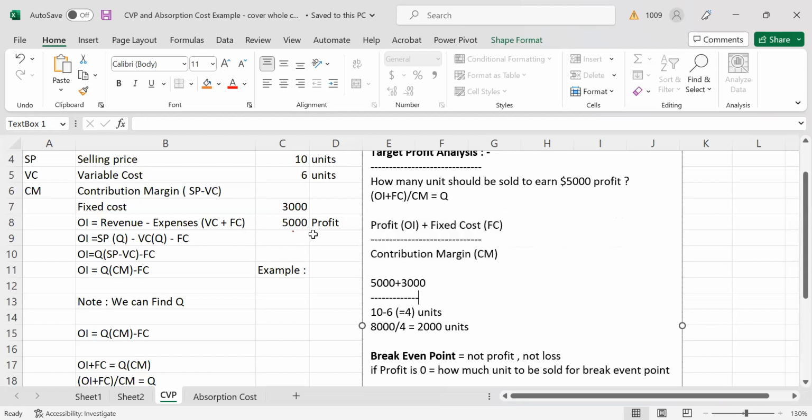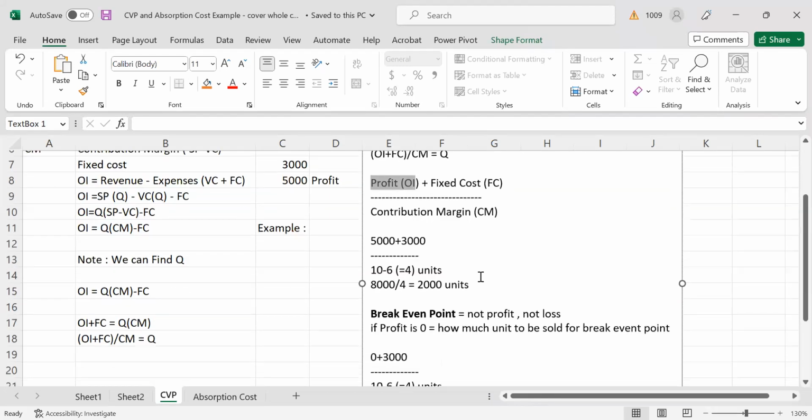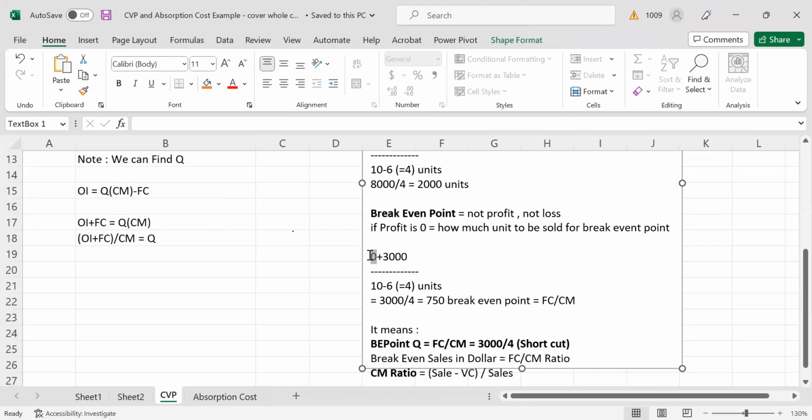In this case, we wanted to earn $5,000 as the profit, but now we want to earn $0 as the profit. So no profit, no loss. 0 plus 3,000 is the fixed expenses, right? Divide by 4, the contribution margin. So 3,000 divided by 4 is equal to 750 units.